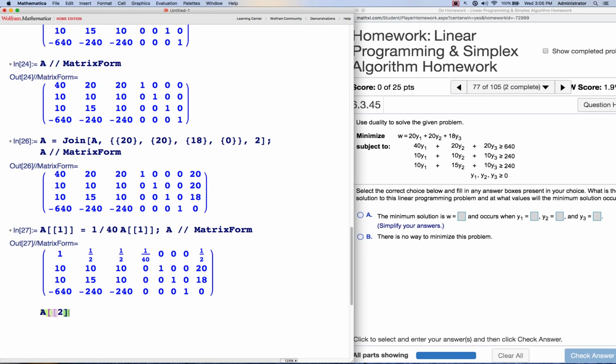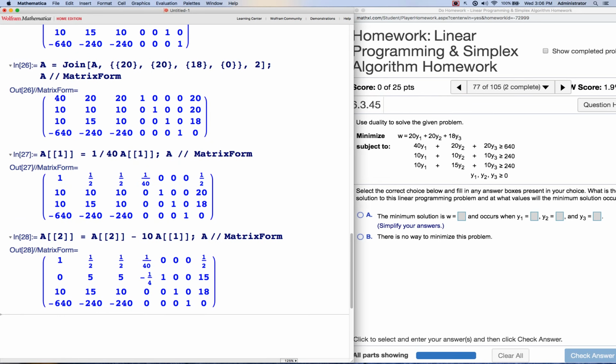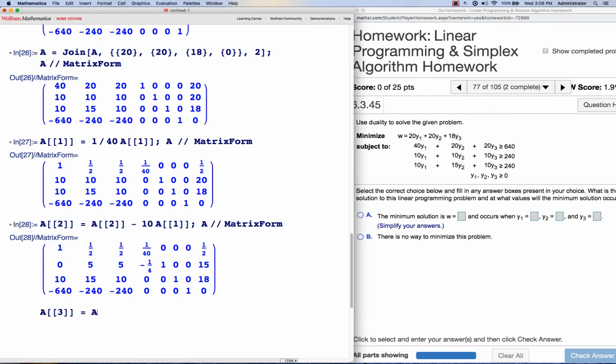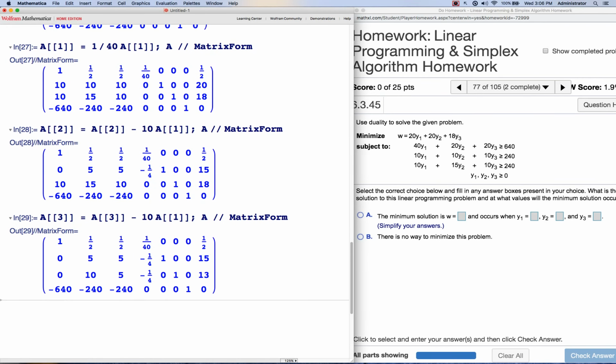So the second row is equal to the second row minus 10 times the first row. And then the third row is equal to the third row minus 10 times the first row. And then the fourth row is equal to the fourth row plus 640 times the first row.